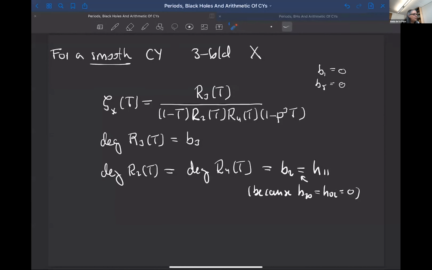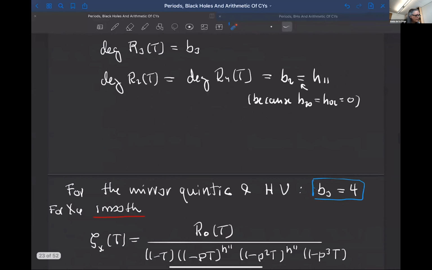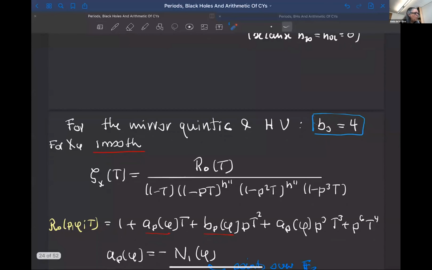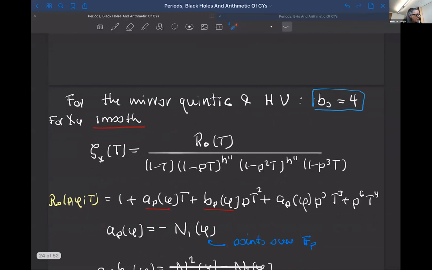So that's the general form for smooth Calabi-Yau. For the mirror quintic and the Hulek-Verrill manifold, b3 is 4. So for values of the parameter where they are smooth, it has this form, where this is h11 and h11, and R0 is a polynomial of degree 4.